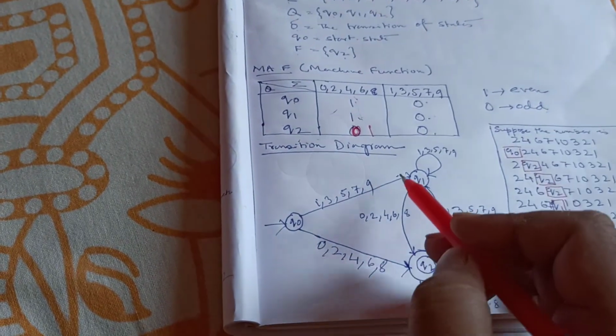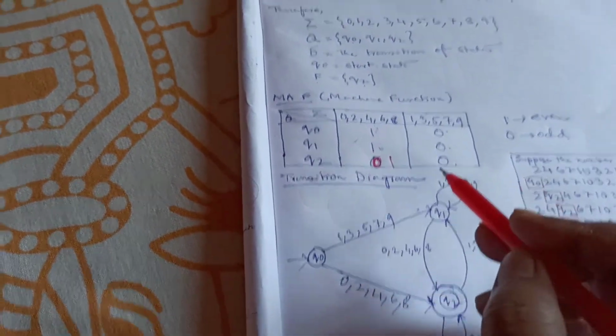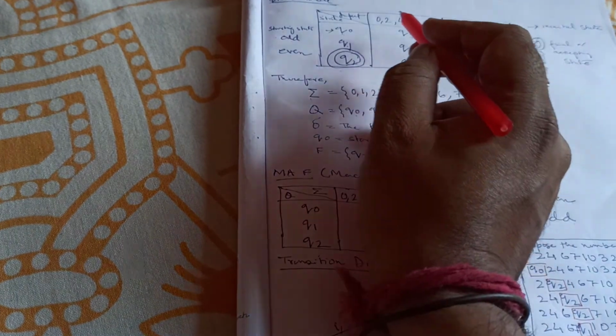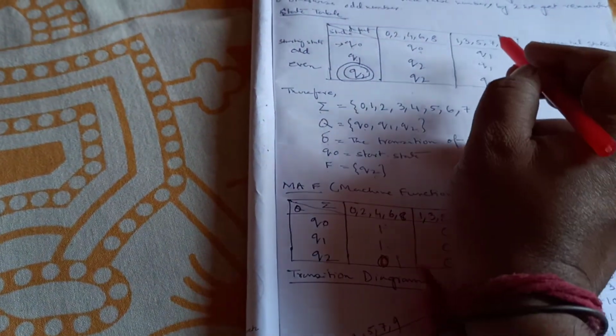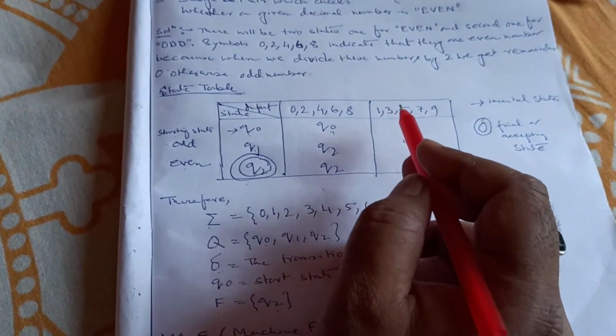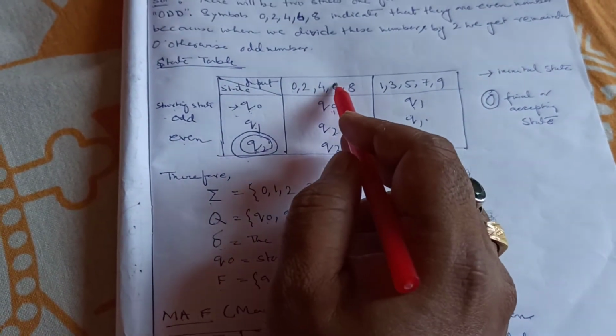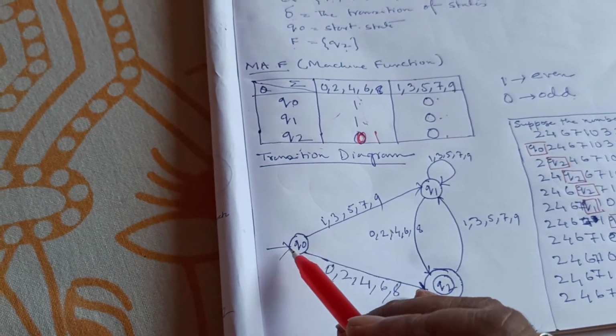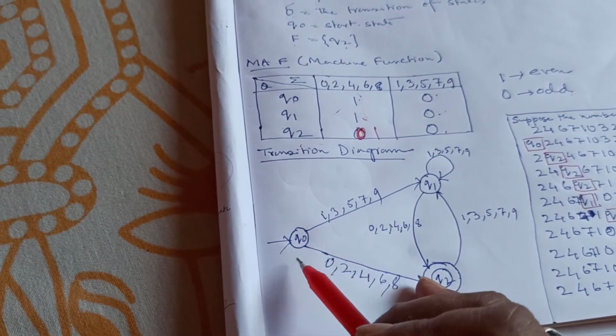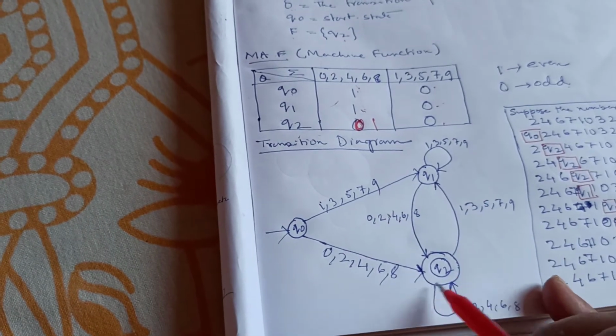Now this is the transition diagram that can be drawn with the help of this state table. Here we have drawn three states, Q0, Q1 and Q2.